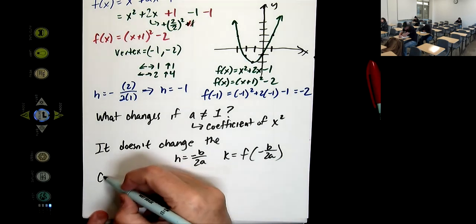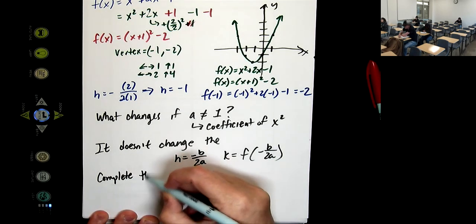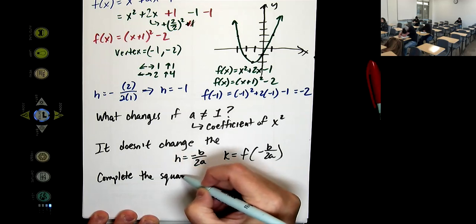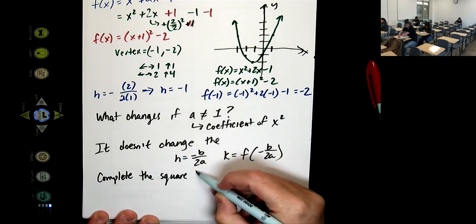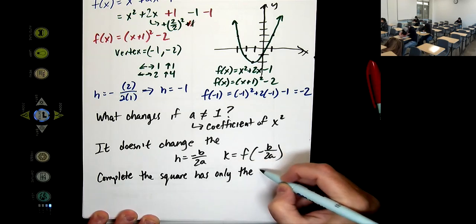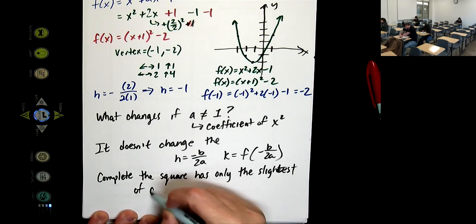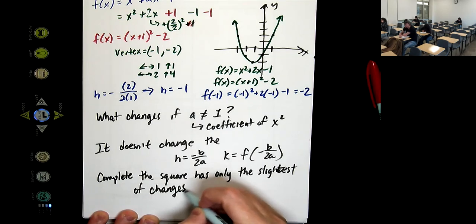To complete the square only has a single more step. It has only the slightest of changes, which we will do on the next page.